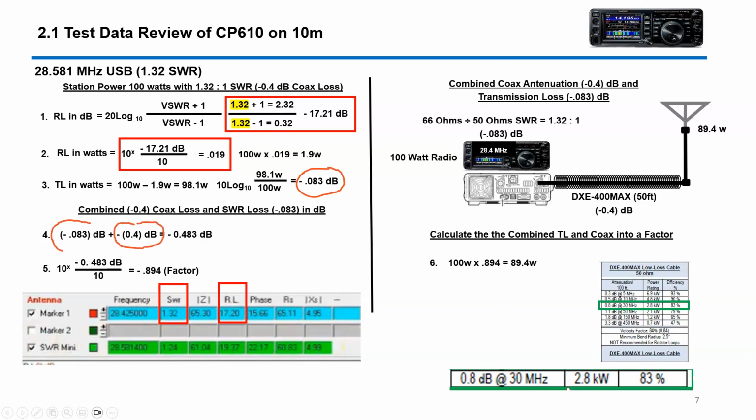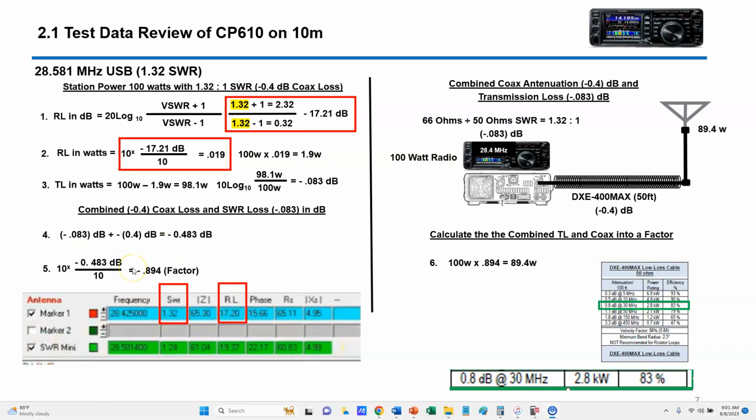With these two numbers together, it's going to give me a value of 0.483 dB. So what that's saying is if I have an SWR of about 1.32, that's equal to about 0.083 dB. With the coax, which I already know from my previous slide is 0.4, I add those two together, then I get a number.